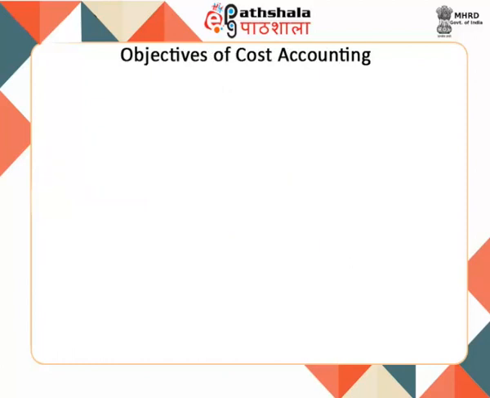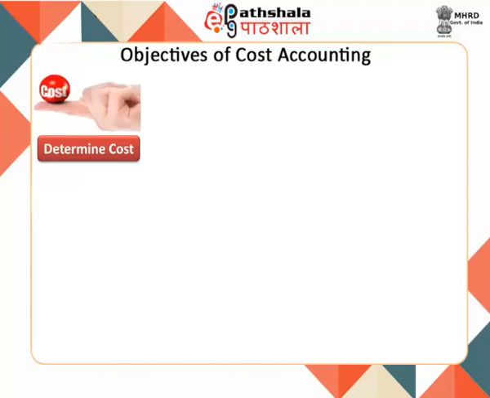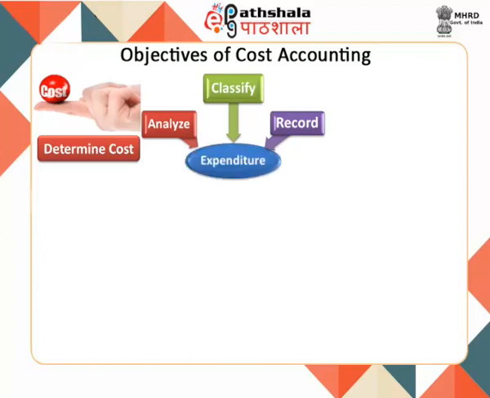The main objectives of cost accounting are: number one, to determine the cost of a product, process, or service. Number two, to analyze, classify, and record all expenditures with respect to the cost of a product, process, or service in order to determine its cost.